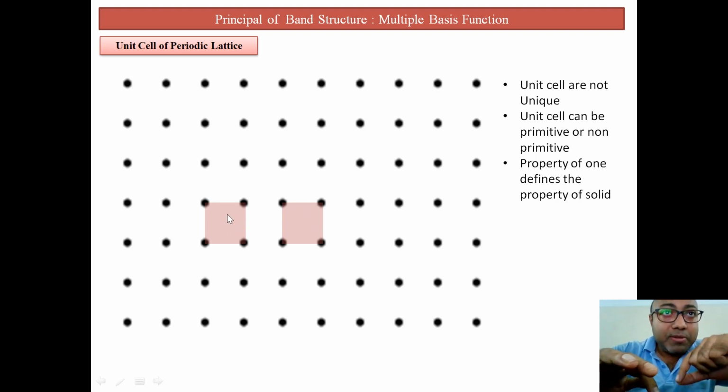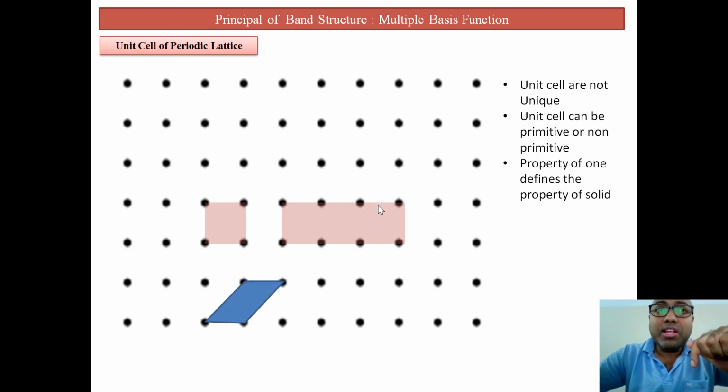So the properties of this one and the properties of this one will be perfectly the same. This is another kind of unit cell. Similarly, this is also another kind of unit cell. The thing is how these are adjoined: this unit cell's properties are the same as this unit cell's, so it's a periodic unit cell structure, correct?